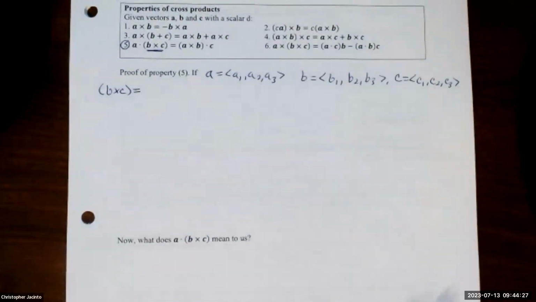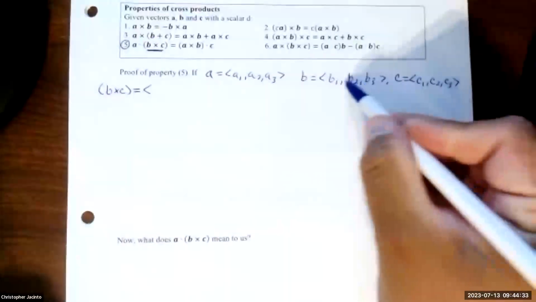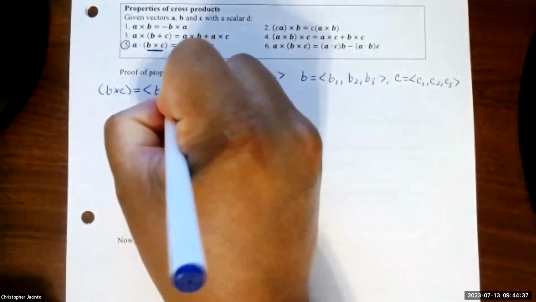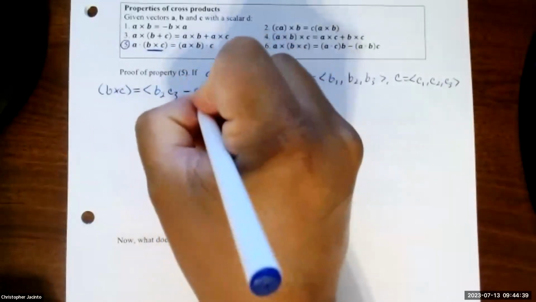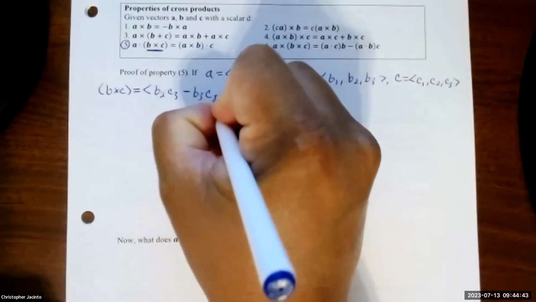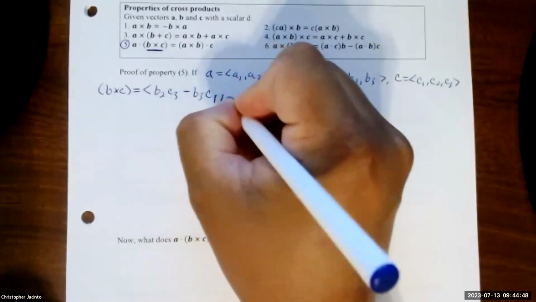So I'm going to skip the matrix format and just go by its definition format, and that's going to give you this. So just using these two, it's going to give you B2 C3 minus B3 C2. That's the first component.